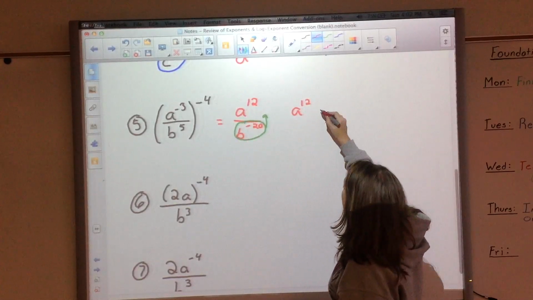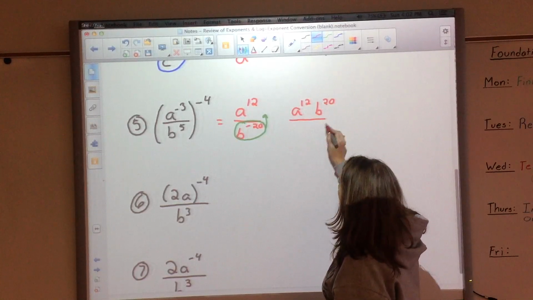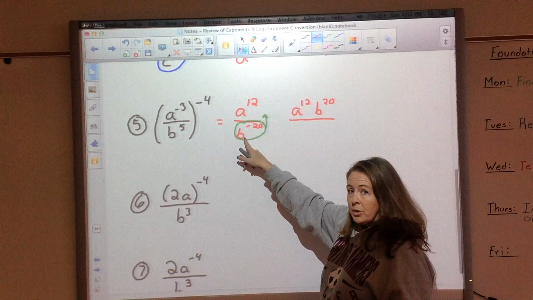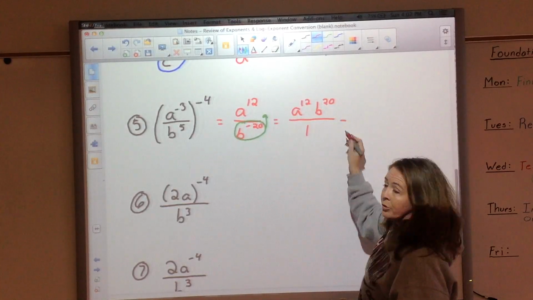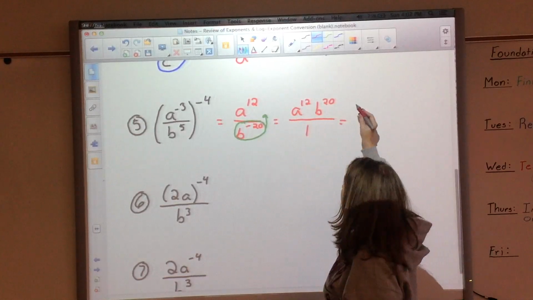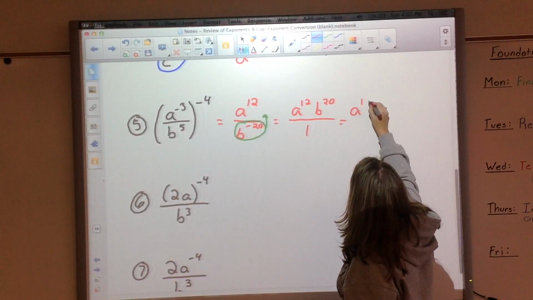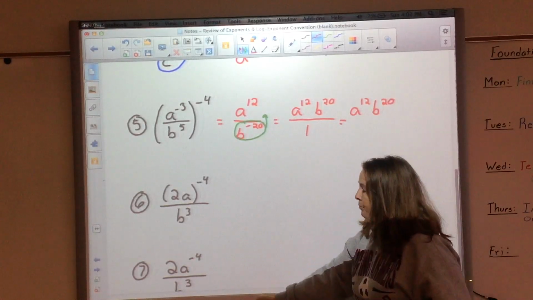But this b would need to move up and become a positive 20 now. Nothing left down here because we moved everything up, so it's a 1. However, don't really need to write the 1. The a and b can't be combined because they're different bases, so we have a to the 12th, b to the 20th, and that's it.